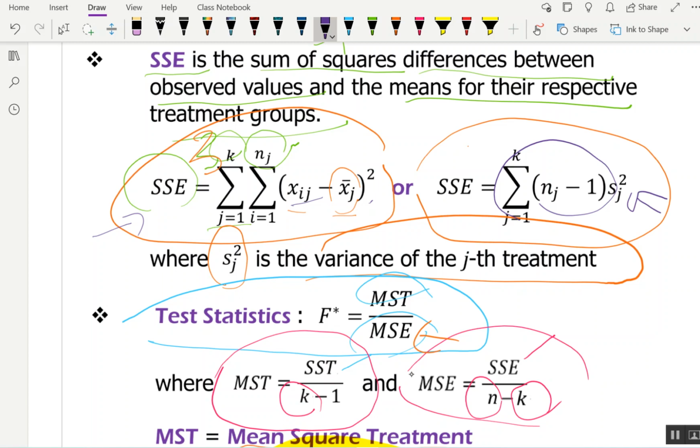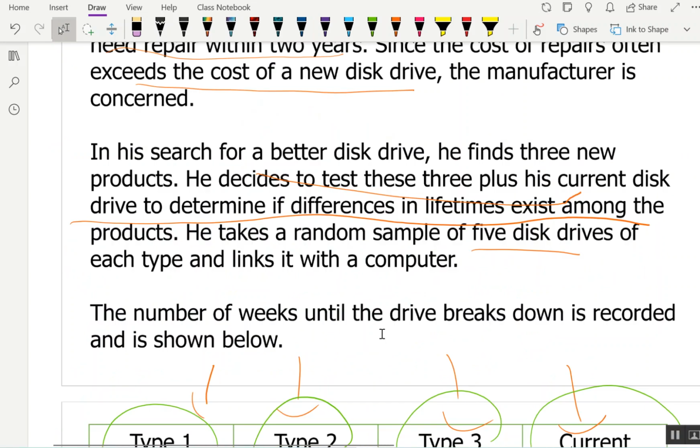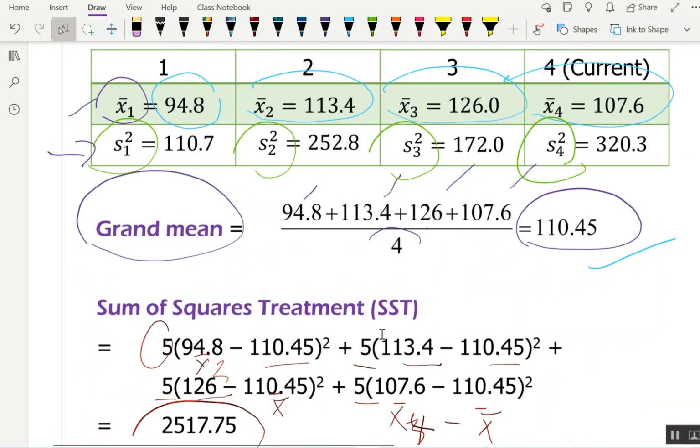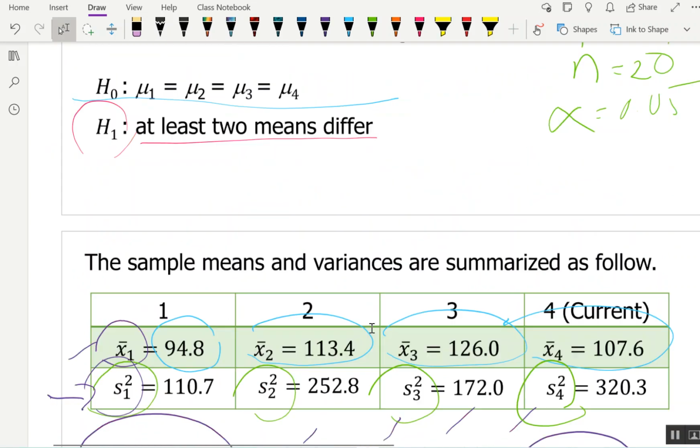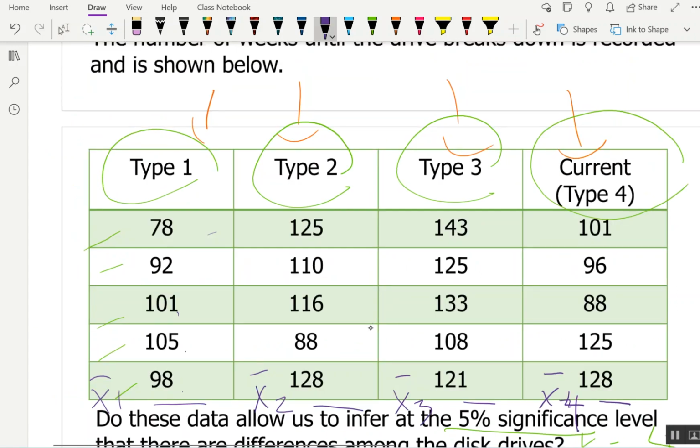So let's say your nj, for this question one here, because they calculated the variances already, right? How many observations are there for each of these? nj for this one, n1, how much? 5, am I right? So 5 minus 1, you get 4.